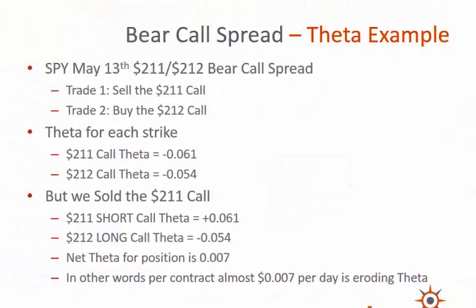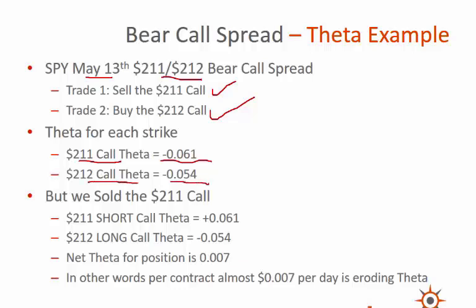So let's use an example here with the bear call spread. Let's do the May 13, 211, 212 bear call spread. The first part of the trade is we're selling the 211 call, and the second part of the trade is we're buying the 212 call. Now the theta for each strike was, the 211 theta was minus 0.061 and the 212 call theta was minus 0.054.